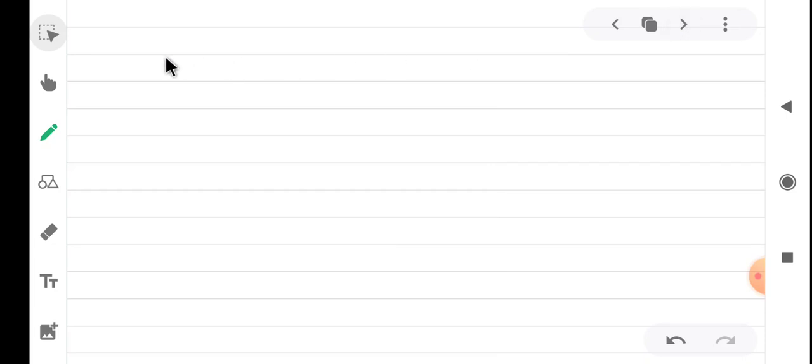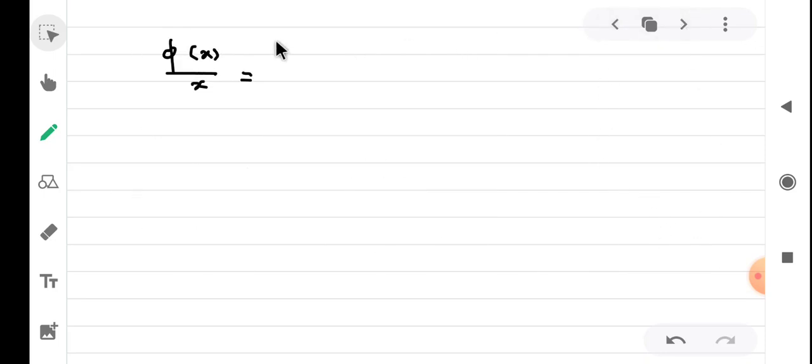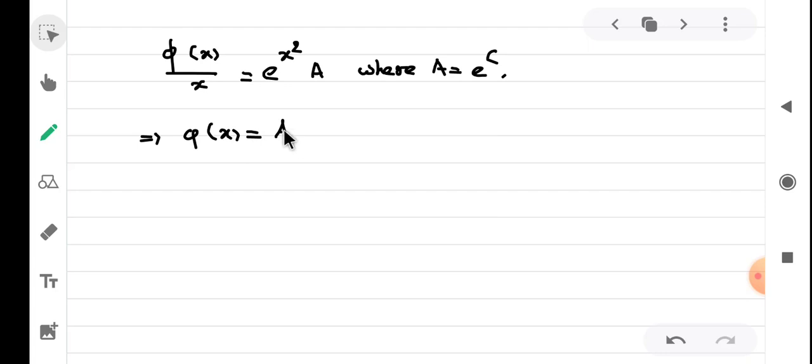I will call that e power c as a, where a equals e power c. Right. So from this I will get phi of x is equal to a x e power x square. This is my phi of x.